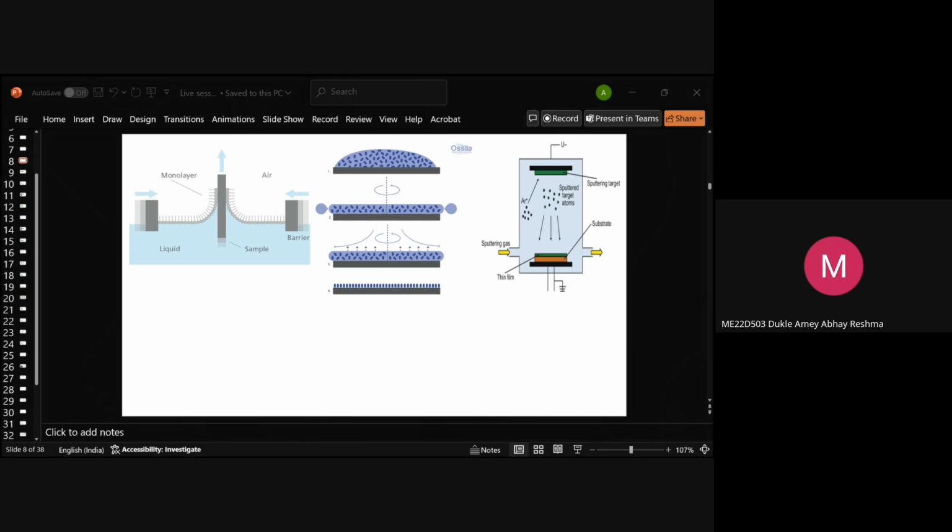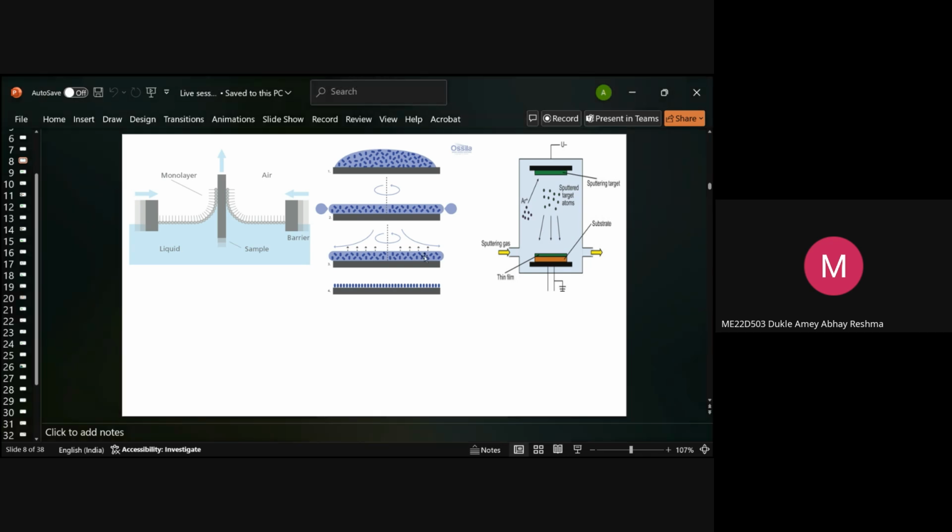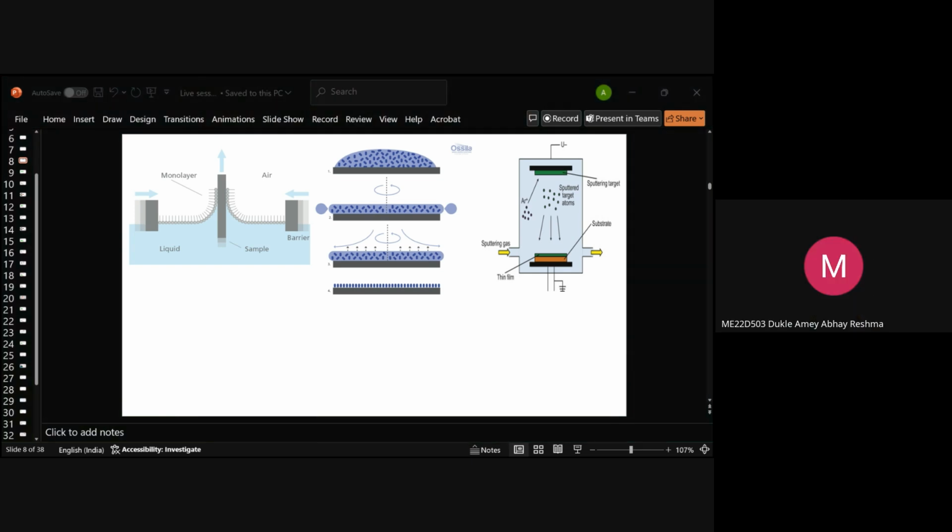Okay. Anyway, it's fine. So the Langmuir-Blodgett process, basically you have an amphiphilic liquid on the water, and then you just pull the substrate up, and then you get a single layer on the substrate.